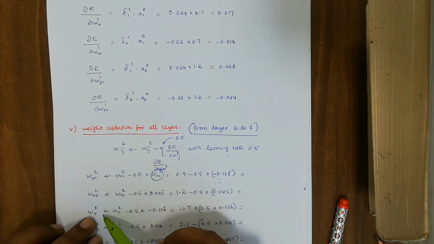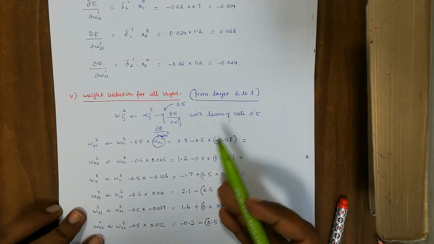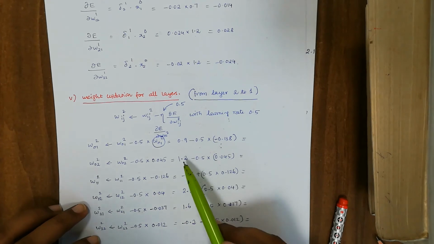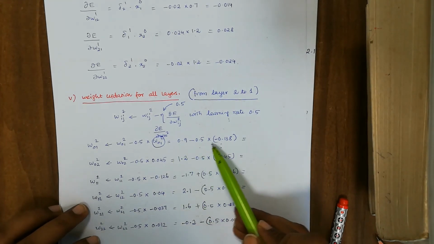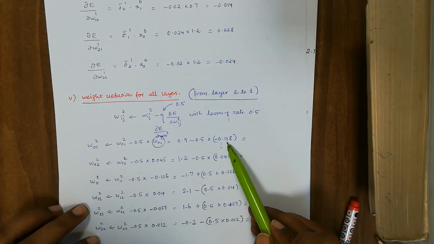Similarly, we have to do this for all the weights connecting from layer 1 to 2, using the old value, learning rate, and then the error gradient dou E by dou Wij in the second layer.